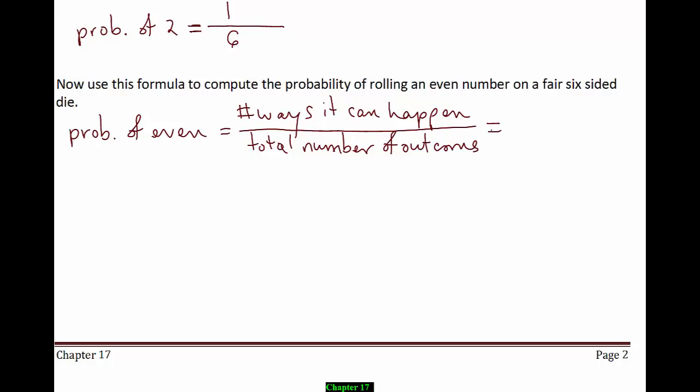So how many sides of a die are even? We've got the number 2, the number 4, and the number 6. So 3 sides of the die are an even number, and how many total number of sides are there? 6. And 3 out of 6 is another way of saying a half. So the probability of rolling an even number on a fair 6-sided die is a half.